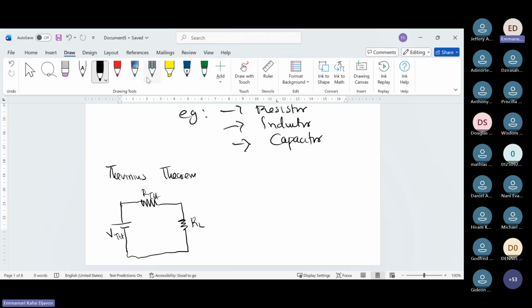But for the Norton theorem, we are saying that your circuit will look like this.